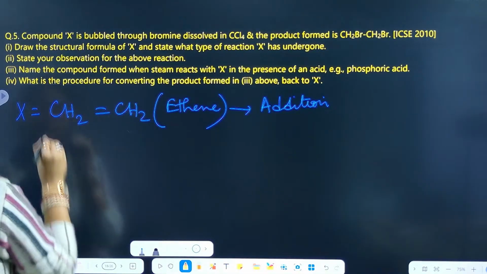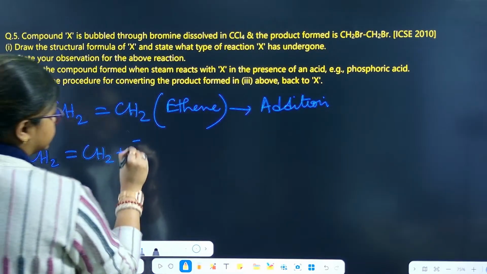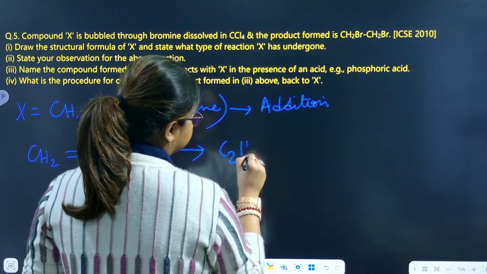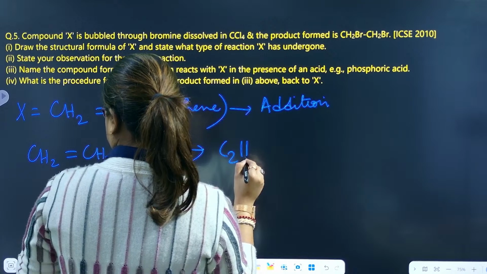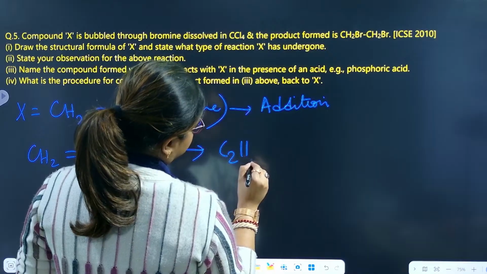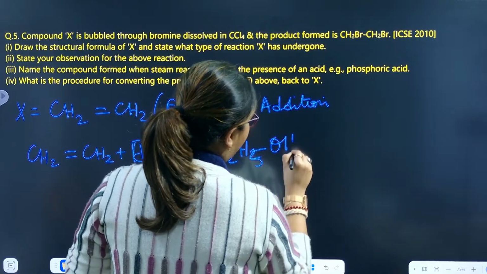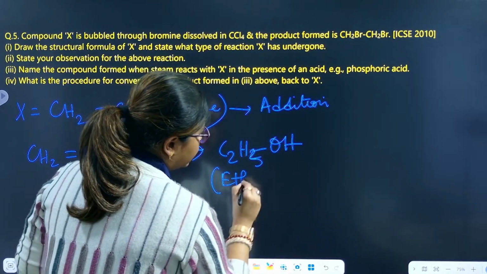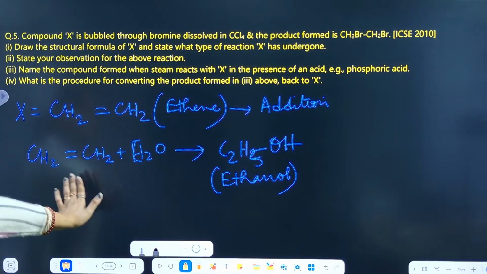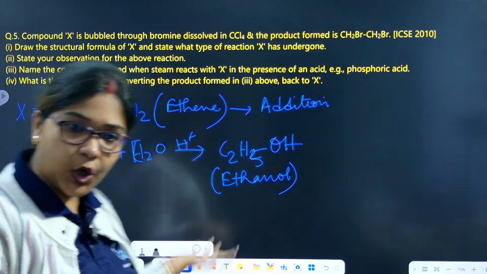This is your X. So if steam is reacting, then you get alcohol. This is ethanol. So in presence of steam and acid, the compound X will give you ethanol.